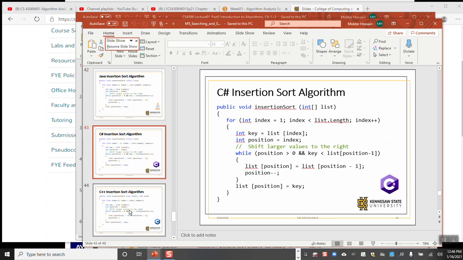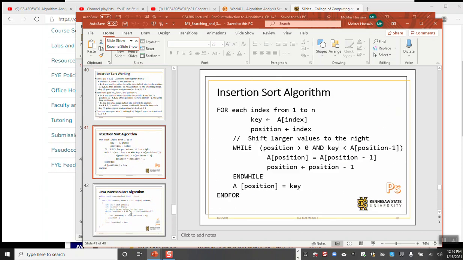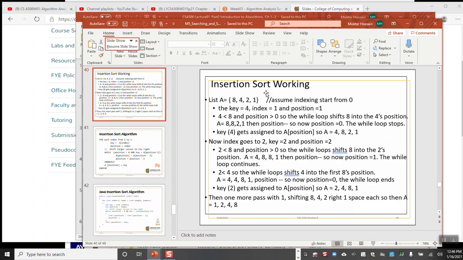In the insertion sort algorithm, we consider the second element as a key, and its index starts with 1. So in the array, the position is 1. We compare 4 with 8.